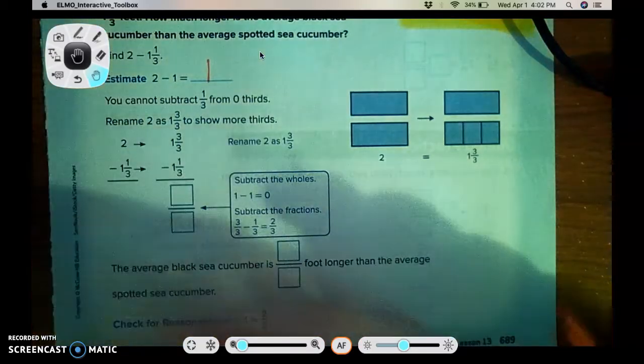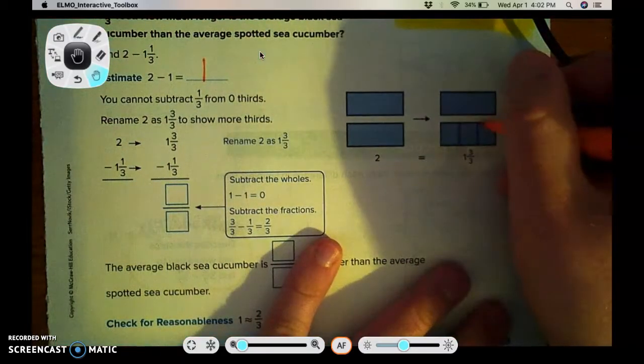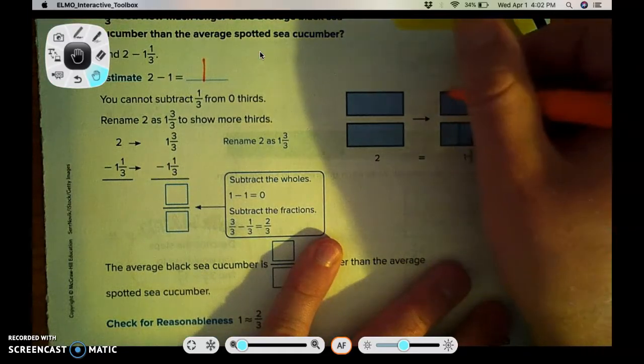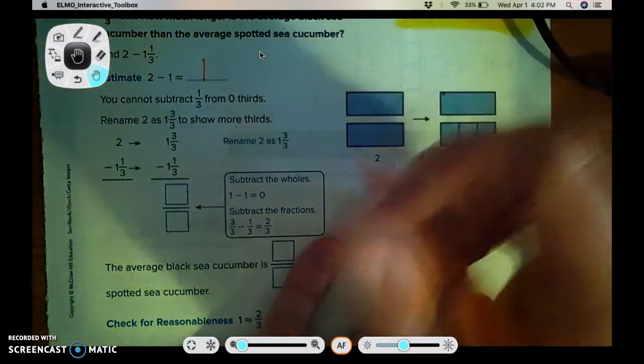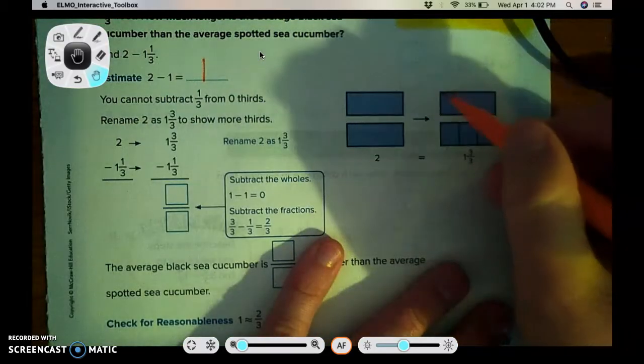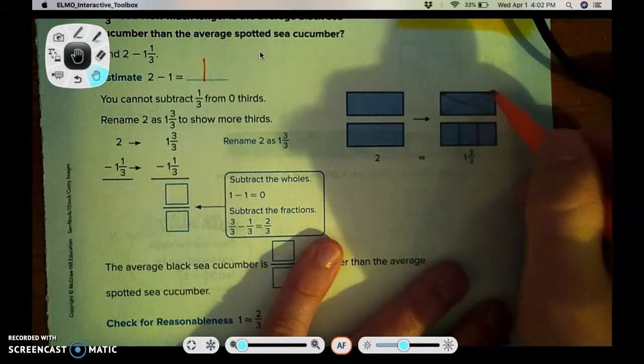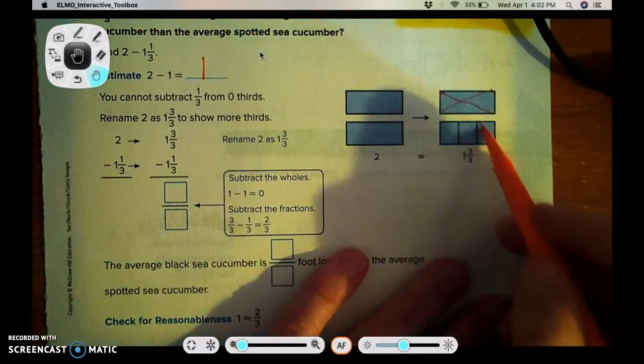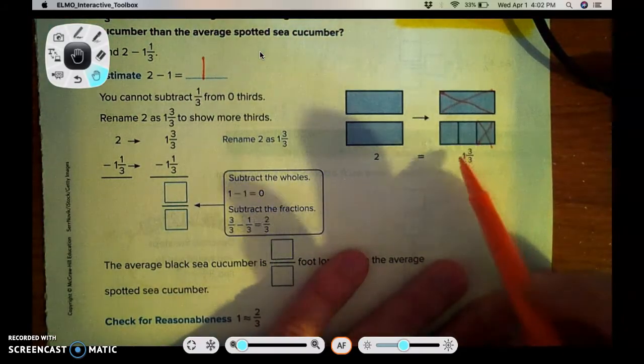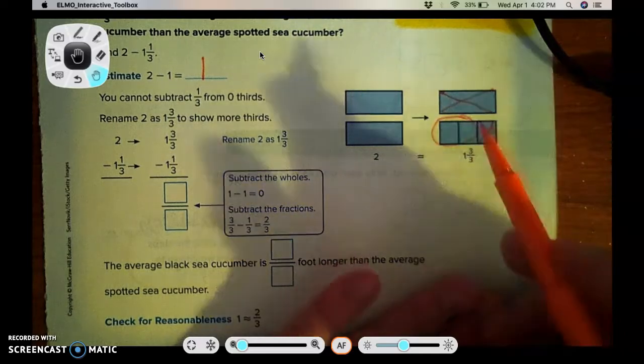So when we do our subtraction with the model, if we just crossed out 1 whole and 1/3, we're going to be left with these 2/3.